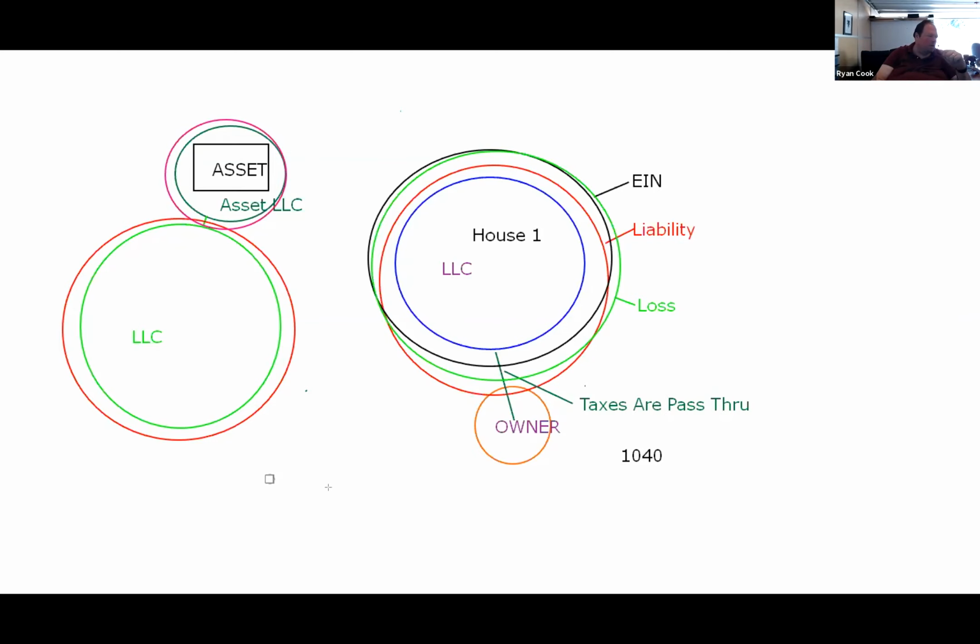So in other words, you did something that caused the issue, then you become personally liable in a sense. And that's why I'm saying there is a little bit of overlap. Okay, it's a very little bit, but it's mainly based on your actions, how you controlled the asset.